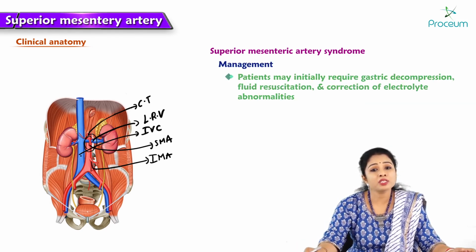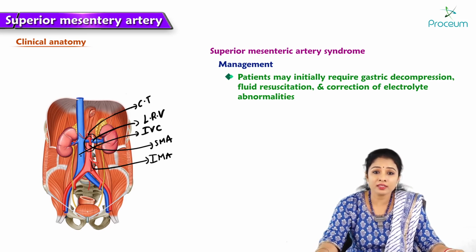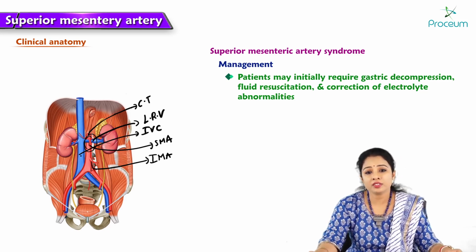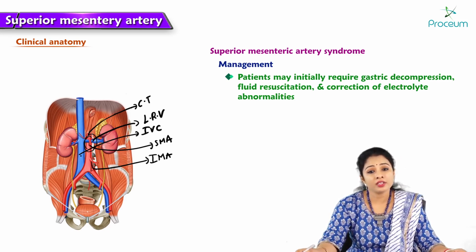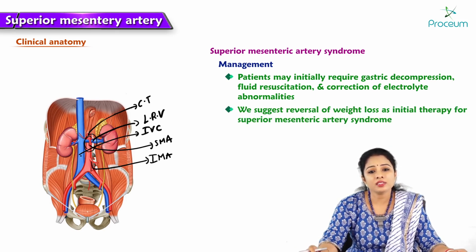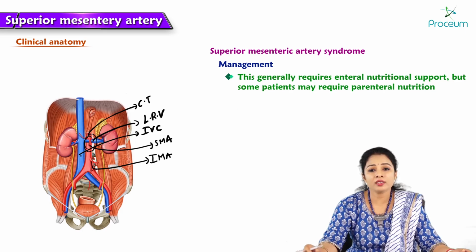Management: patients may initially require gastric decompression, fluid resuscitation, and correction of electrolyte abnormalities. We suggest reversal of weight loss as initial therapy for superior mesenteric artery syndrome. This generally requires enteral nutritional support, but some patients may require parenteral nutritional support.